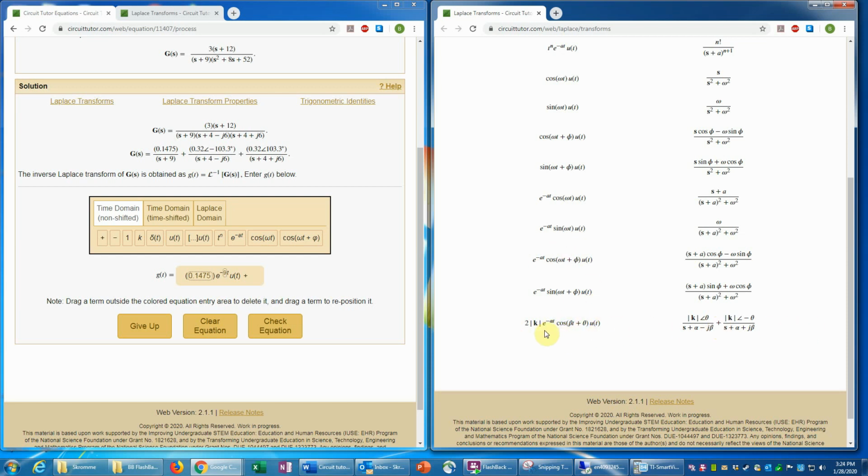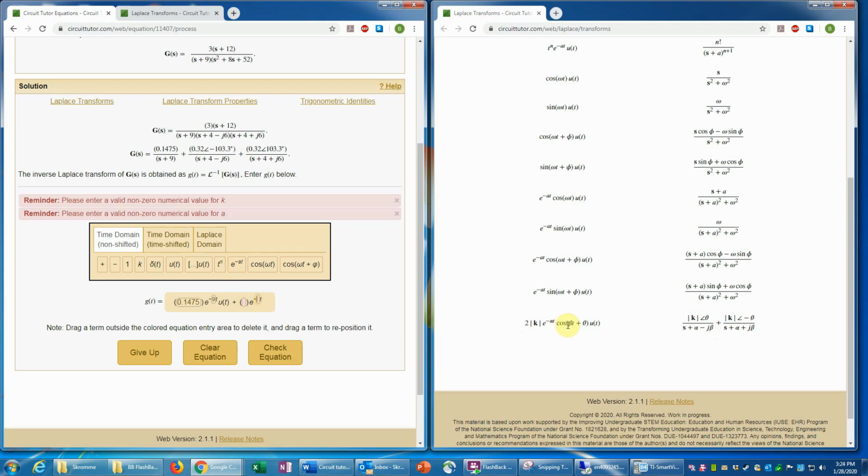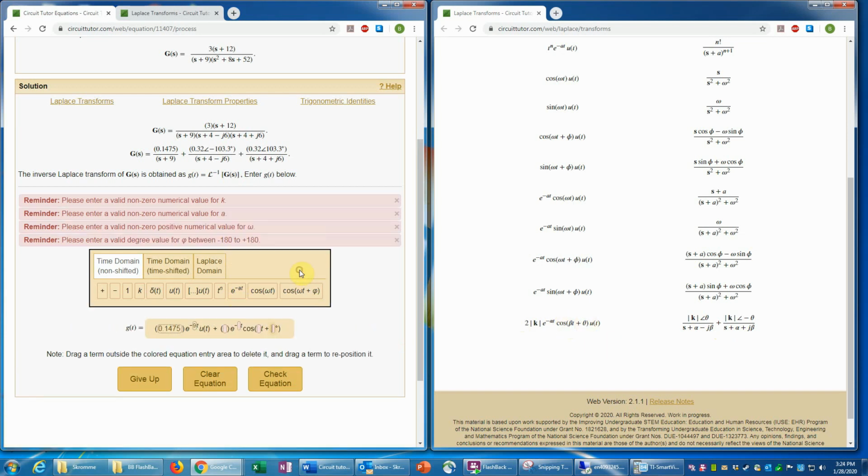Okay, so we're going to use this term, and so now we're going to first of all need a constant, and this is going to be a real constant because that's a magnitude. So again, we'll just pick a k there. And then we need the decaying exponential, so that will be this term. And then we need a phase-shifted cosine term, so that will be this term.